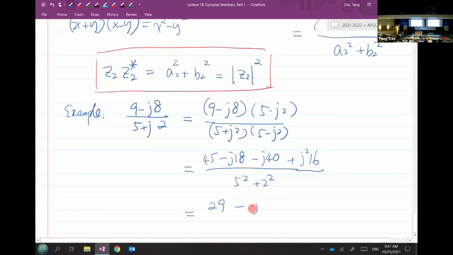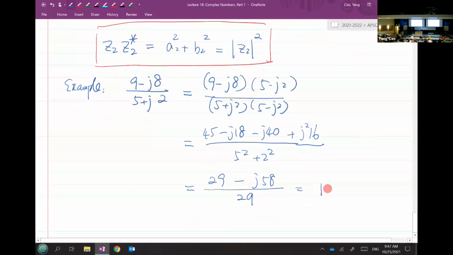And then minus j18 plus j40, so j22. Hmm, the bottom: 5 squared plus 2 squared, so 25 plus 4, 29. So obviously you have 29 as a common factor, so it's 1 minus j2. That's the simplification when you divide two complex numbers.